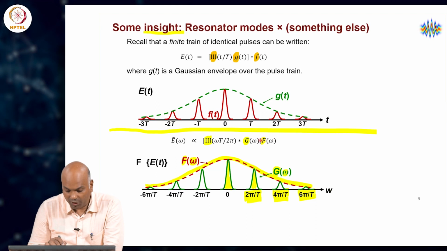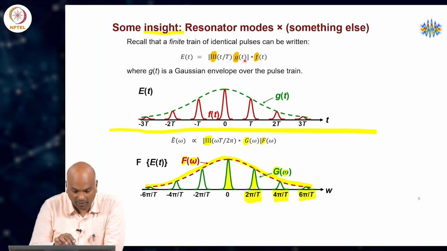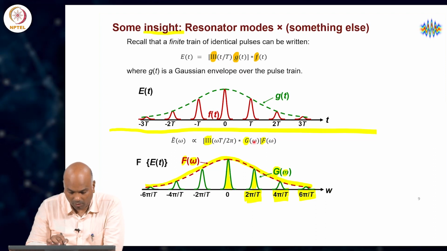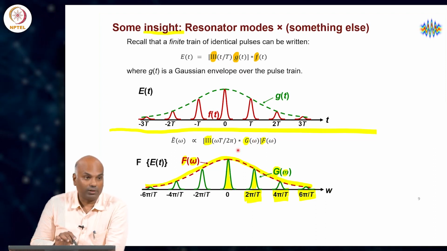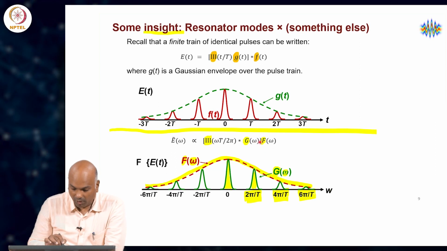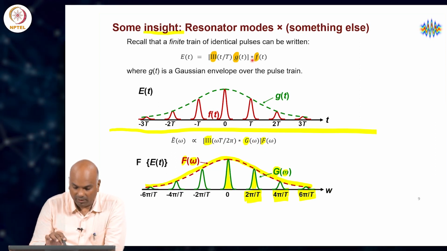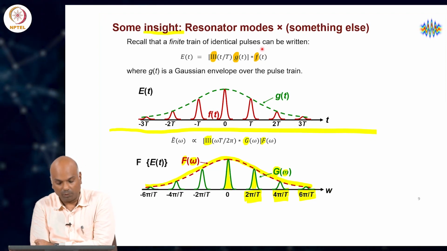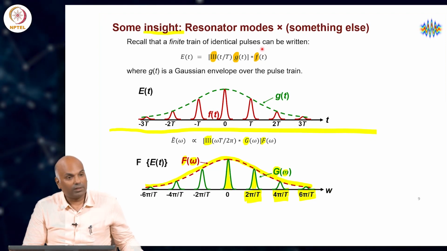Then the product between these two is replaced by the convolution in the time domain. So, properties of the Fourier transform, which we will look at shortly, give us this insight.